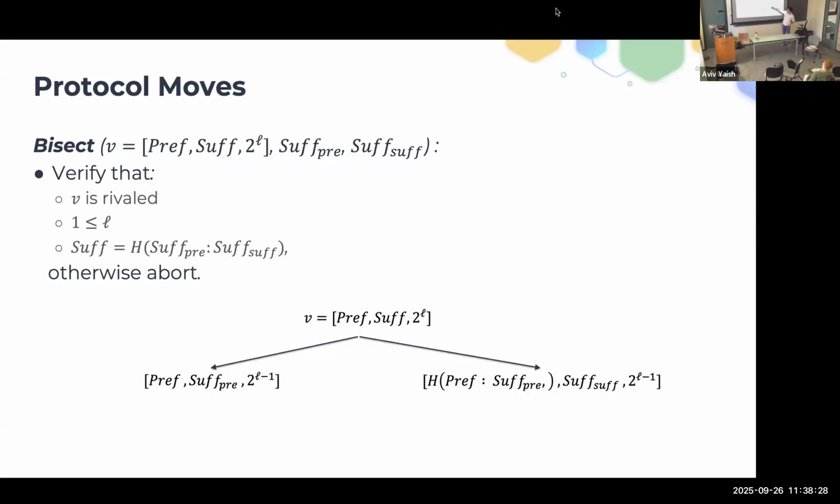So this shows you that if Evil Bob started with the correct sequence, and he tries to bisect such that the state in the middle is something else, then this check will not pass. So Evil Bob cannot bisect to halves that don't agree with what already existed before.